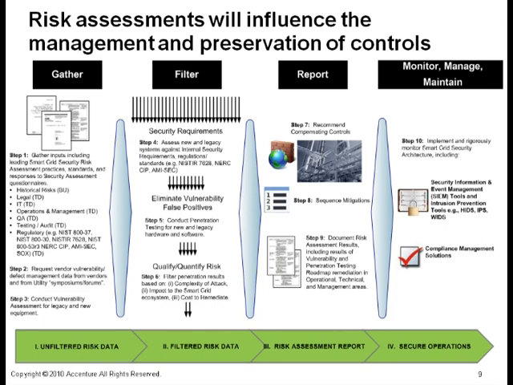And then conducting the vulnerability assessment for both legacy and new equipment. It's got to include everything in that entire ecosystem, as we've talked about. And moving into the filter section and understanding the security requirements themselves, as I mentioned previously, but then finally starting to eliminate vulnerability false positives.